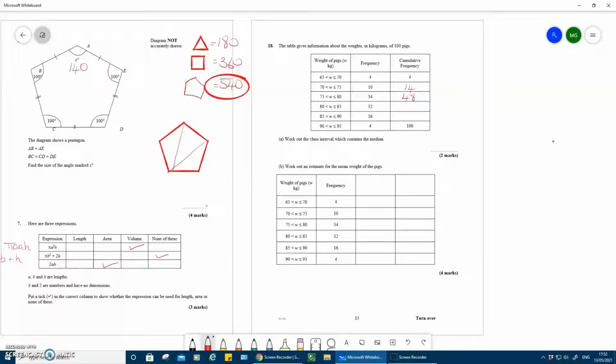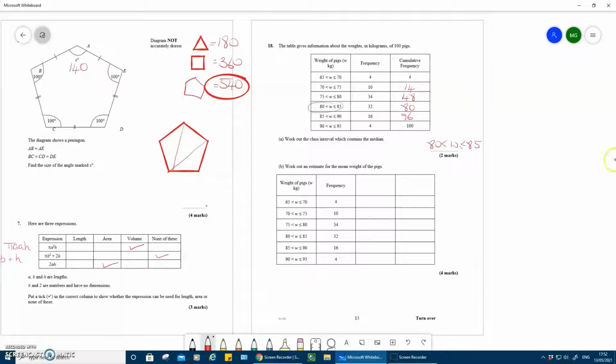But we want the median, which is the middle pig. The middle pig is the 50th, so it's going to be in this next group here. So 70, that's 80, and that's 95, and obviously all 100 pigs are less than 95. So our 50th one lies in this group here. So it's 80 less than W less than or equal to 85.